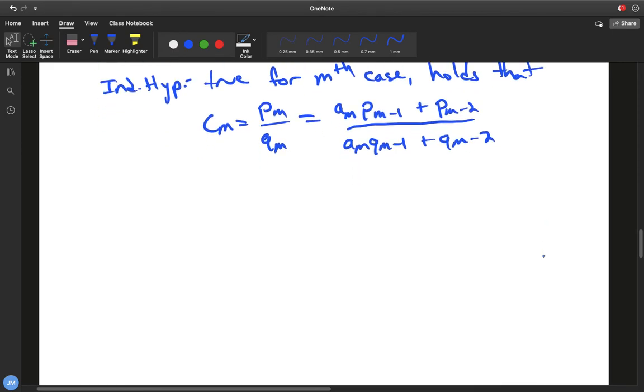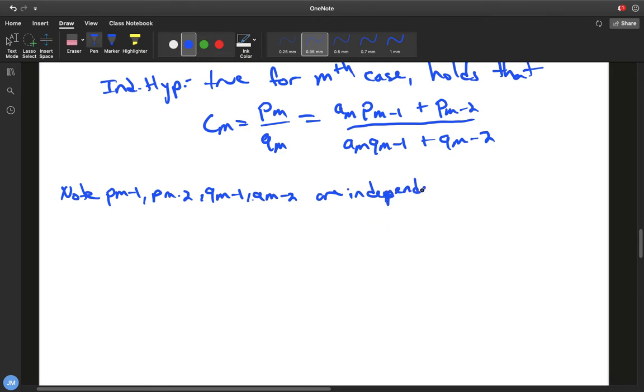Okay, now first thing to note is that the integers p sub m minus 1, p sub m minus 2, q sub m minus 1, and q sub m minus 2 are independent of a sub m.